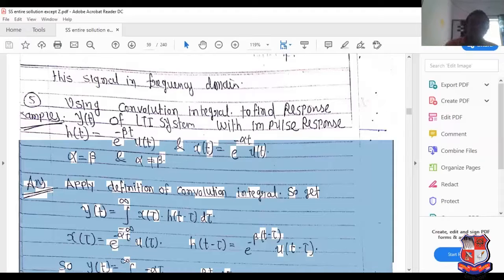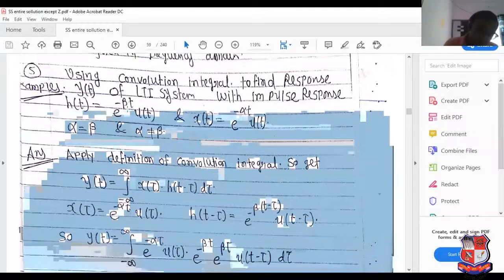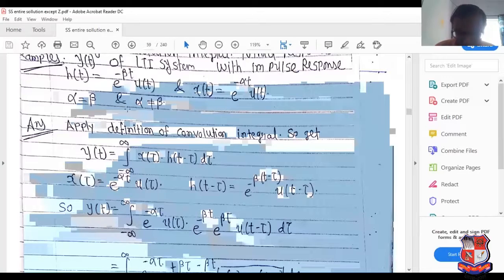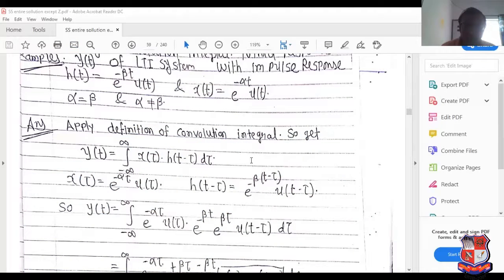So determine the convolution integral, or we can say determine the output of the system. So apply the definition of convolution. y of t equals the integral from minus infinity to infinity of x of tau into h of t minus tau, which we can represent as x of t convolved with h of t equal to y of t.